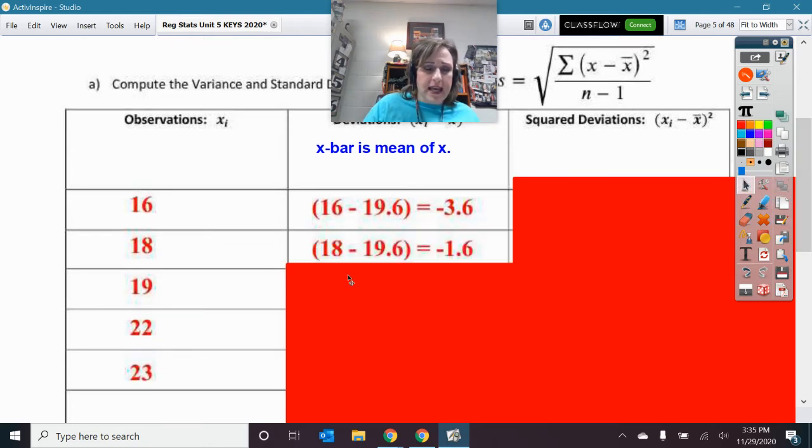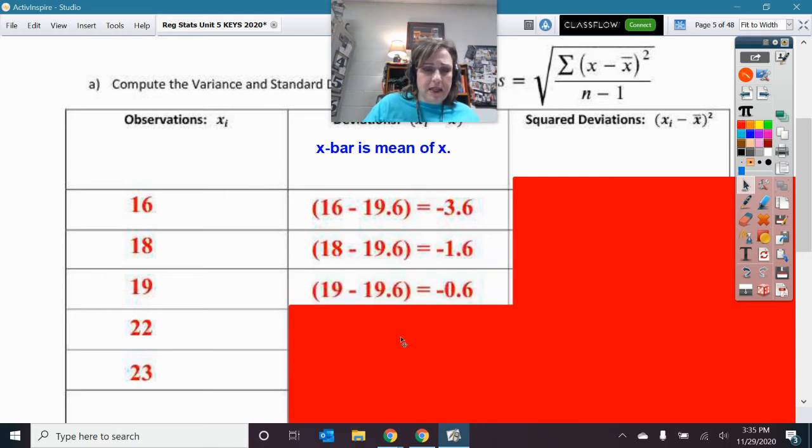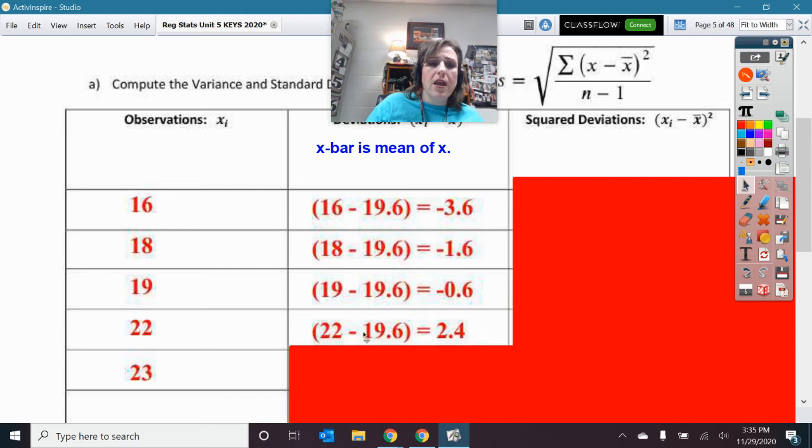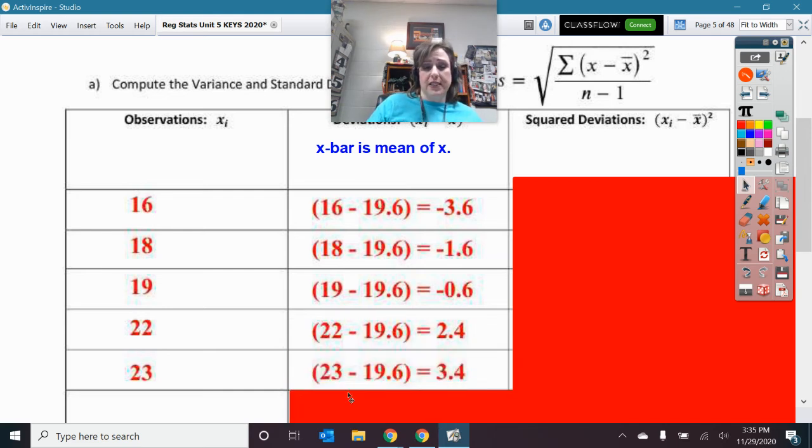Here's the next one, 18 minus the mean, and there it is. And 19 minus the mean is that. 22 minus the mean is above, and this one also is above. So there are the distances that each piece of data is away from the mean.